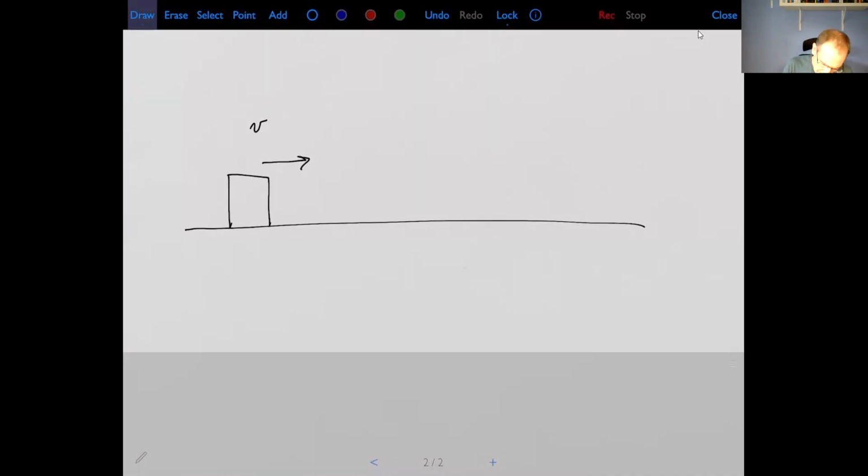Let's say that velocity is, I'll call it Vx and then sub i for initial. And this is at some initial time, t initial. And then later, let's say it has a different velocity. So I'll say Vx final. And I'll just assume it's a larger velocity, right? Final at some time t final.